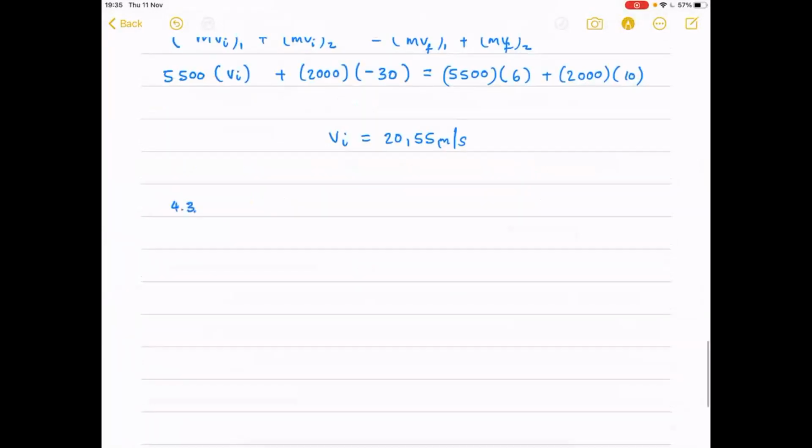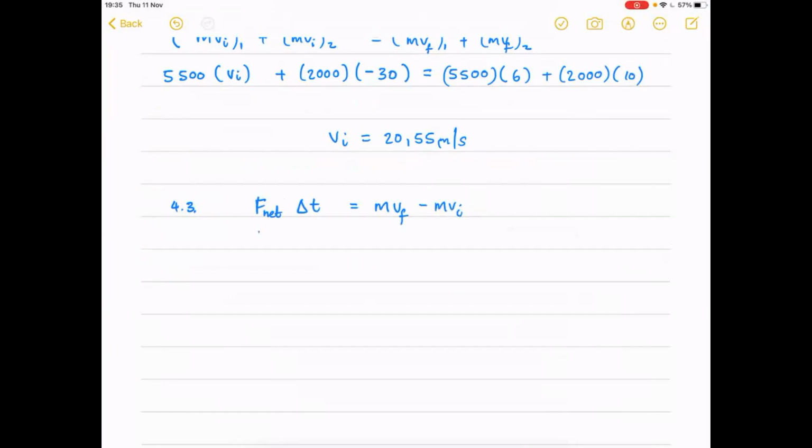So for 4.3, we know the equation is that the net force multiplied by delta t is equal to the change in momentum, mvf minus mvi.